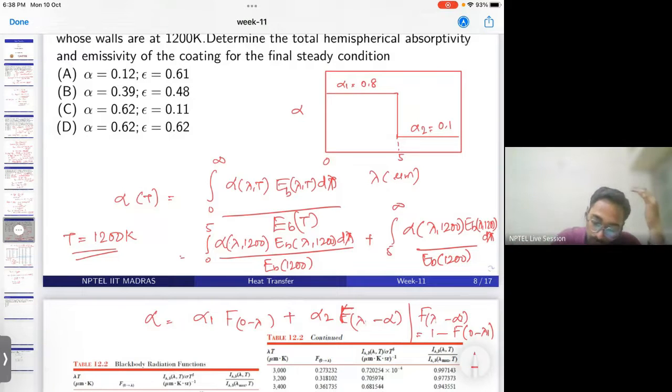So alpha and epsilon will be the same from lambda 0 to 5, and from lambda 5 to infinity also alpha and epsilon will be the same. But the total will not be the same. I hope you understand. This is because of the spectral distribution.